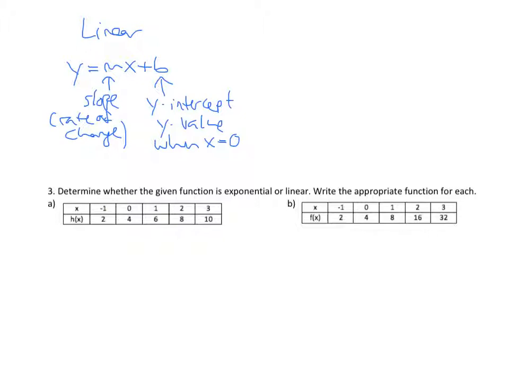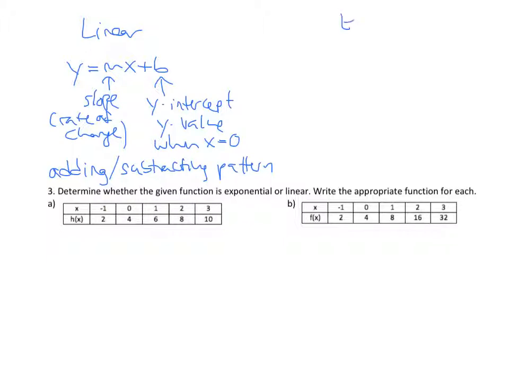And a linear relationship is an adding or a subtracting pattern. So if we have a table where the x values are going up by 1 and the y values add or subtract the same amount from one to the next, that's going to be a linear relationship.